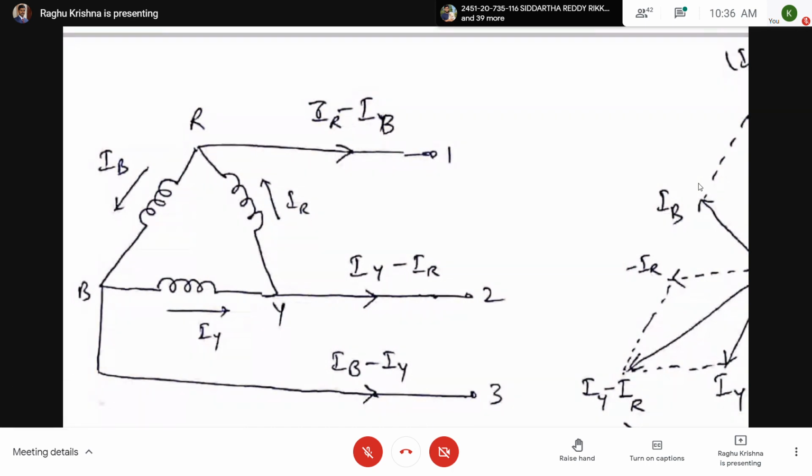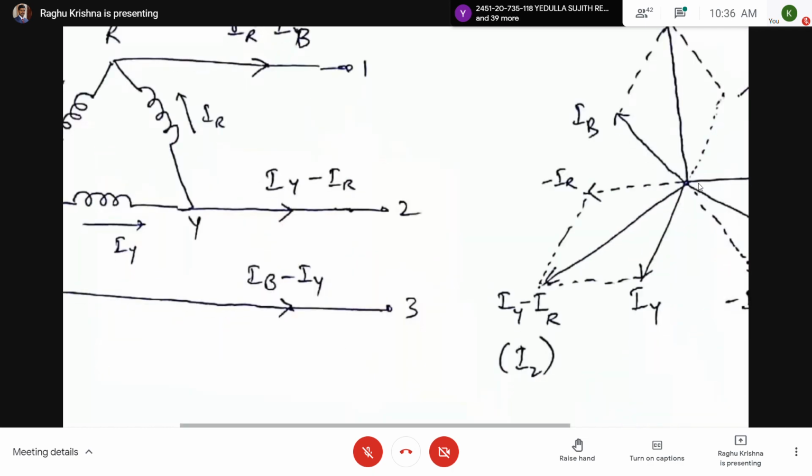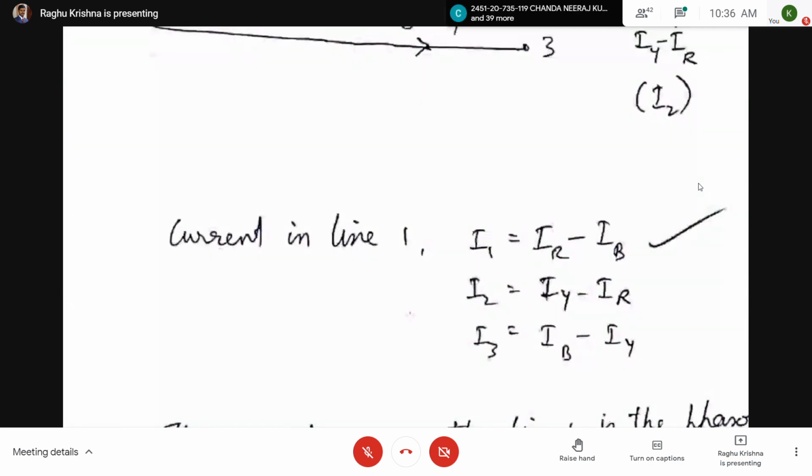Similarly, the current in line 2 is taken as I2, and I2 is equal to IY minus IR. So the current in line 1 is equal to IR minus IB, the current in line 2 is equal to IY minus IR, and the current in line 3 is equal to IB minus IY.